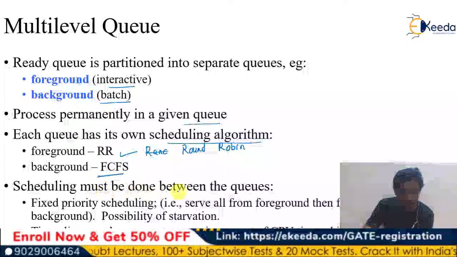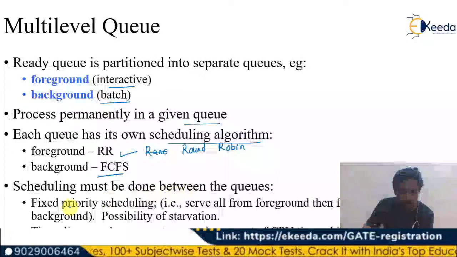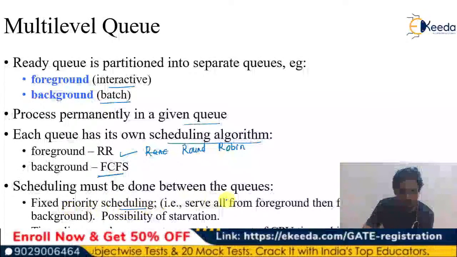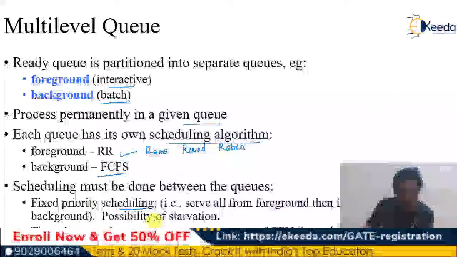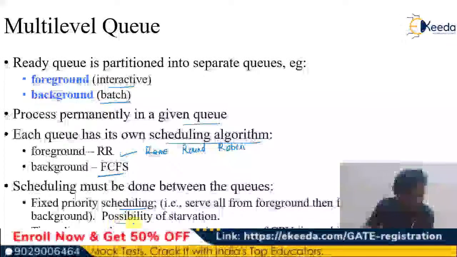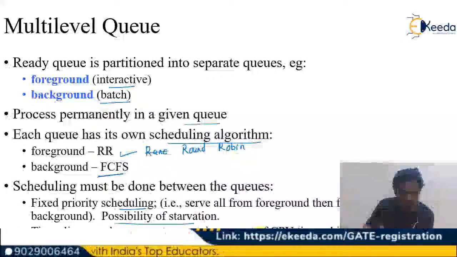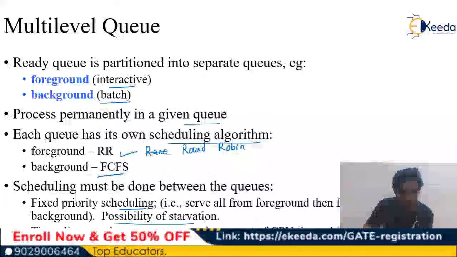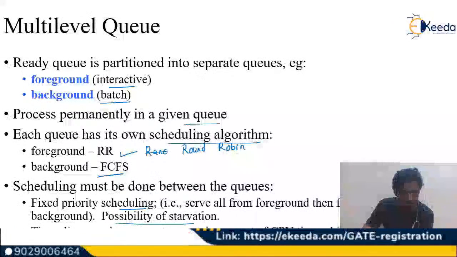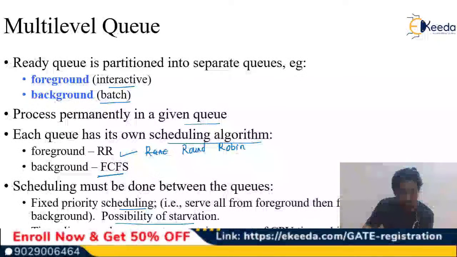Scheduling can be done between the queues with fixed priority scheduling: serve all the foreground, then the background, with the possibility of starvation. With time slice, each queue can get a certain amount of the CPU time that it can schedule among its processes, for example 80% foreground in round robin and 20% background in FCFS.